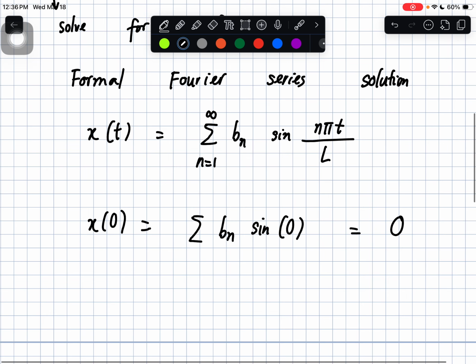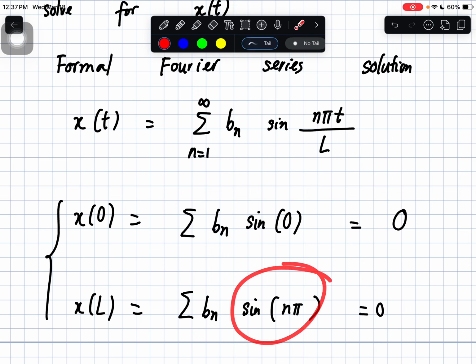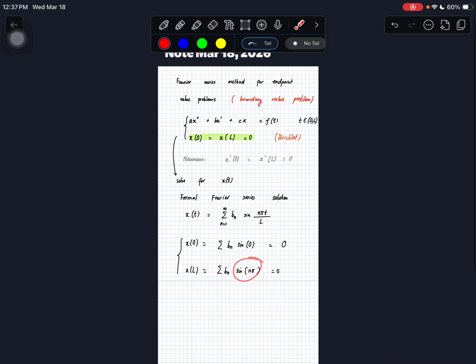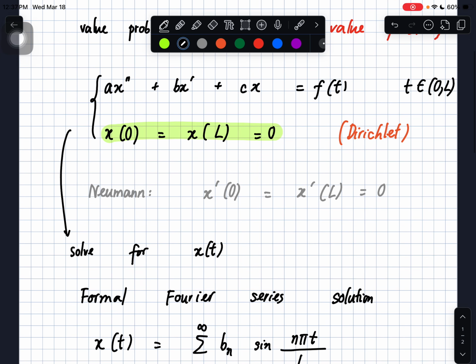And if you do x at L, t equal to L, you have the summation of b_n sine(n pi L over L), so sine(n pi). This one's also 0. That explains why for Dirichlet condition we use Fourier sine series.